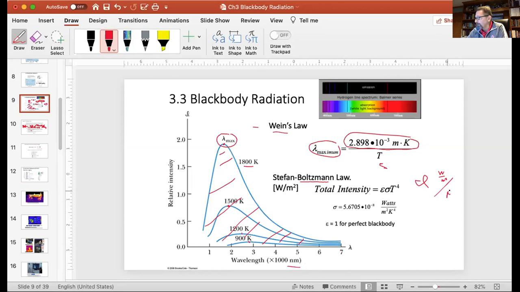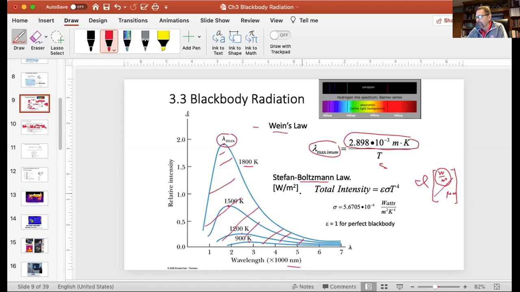We'll go with micrometers. Okay, so that's the intensity per wavelength band. And so if you integrate over all wavelengths, you get just intensity, watts per meter squared, joules per second per area, how much energy per time is hitting a surface area.